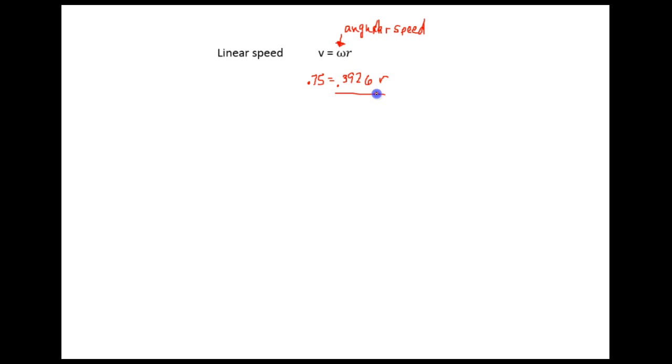So to solve this for r, I would divide both sides by 0.3926, and when I do that, I get that r equals about 1.91 inches. So based on my calculations, my radius for my circle would have been about 1.91.